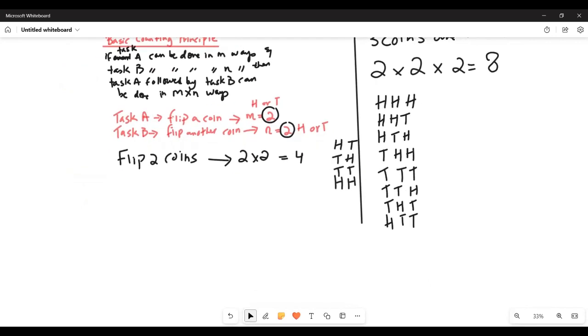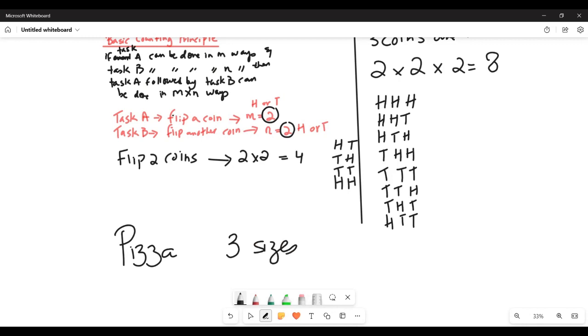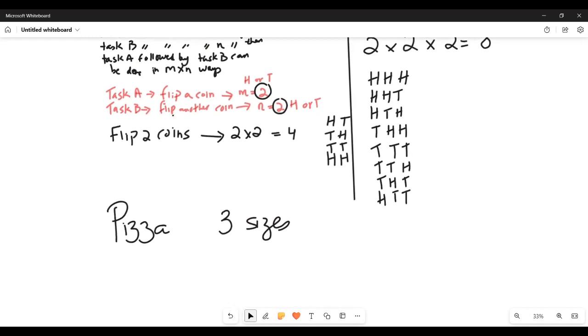Okay. Say there's a pizza shop. When you go to buy a pizza, you see that there are 3 sizes available: large, medium, small, 5 flavors available, and 2 toppings available.